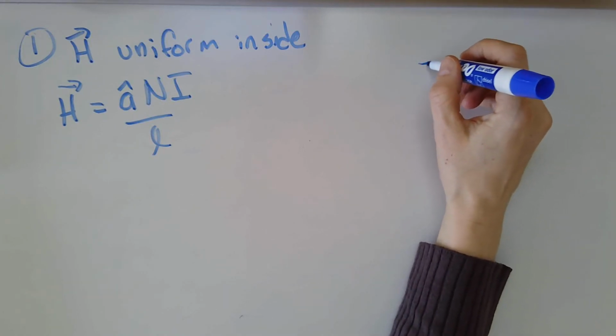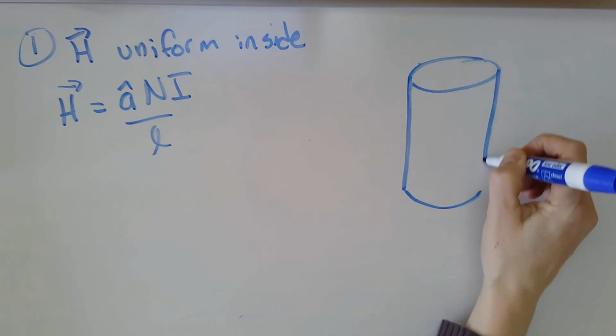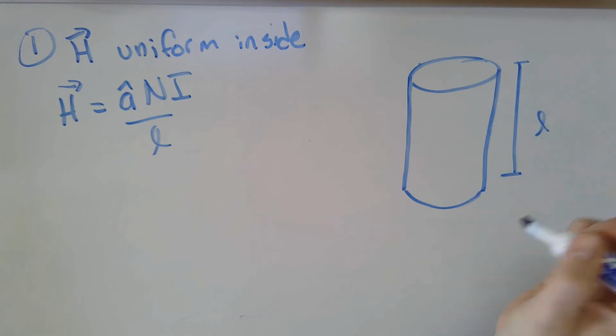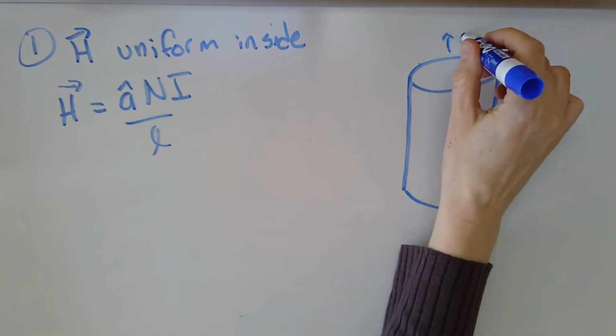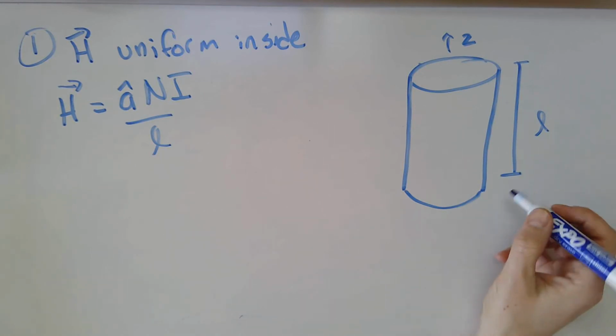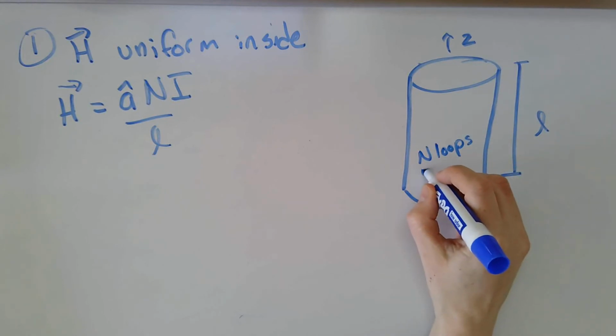I'm drawing it as a cylinder, but it's actually many loops of wire wrapped around this cylinder. It has height L. The z direction is up. And it has N loops, or turns.